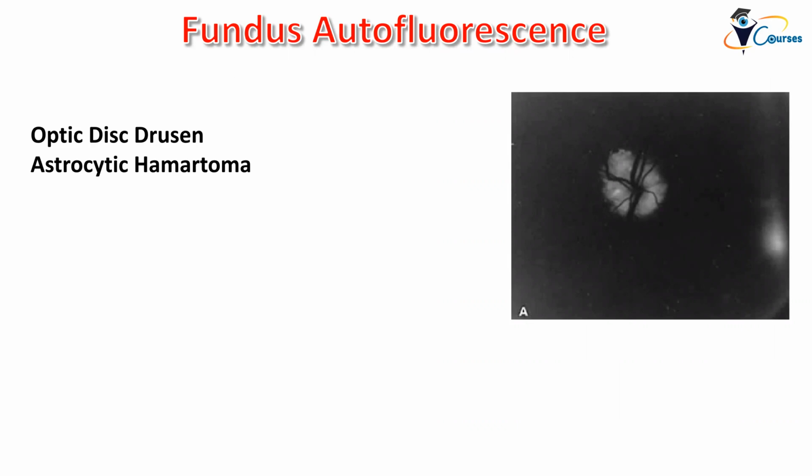For some diseases, like optic disc drusen or astrocytic hamartomas, the lesion itself has the property of autofluorescence. So it will give the same behavior as normal fluorescence, as if we are exciting this material with a blue light, it will emit the yellow-green light, even without injection of a dye.